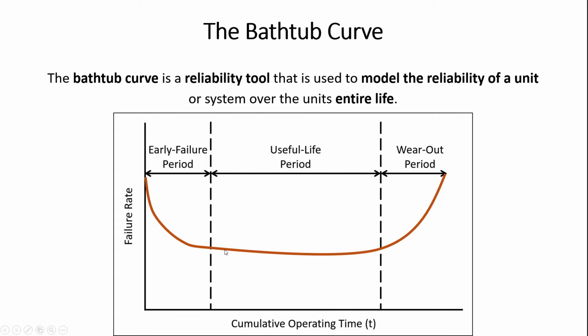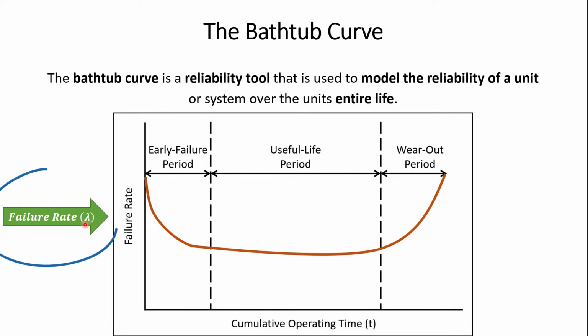A lot of companies perform a burn-in, whether it's an automotive company who runs a car for 10 miles or 20 miles or 30 miles just to work out all those early kinks and detect any early failures in the process. But then eventually, most systems achieve this equilibrium period that's called the useful life period. This is where we want to operate. This is where we want our product to be operating. And you'll notice here that the failure rate in the useful life period is constant.